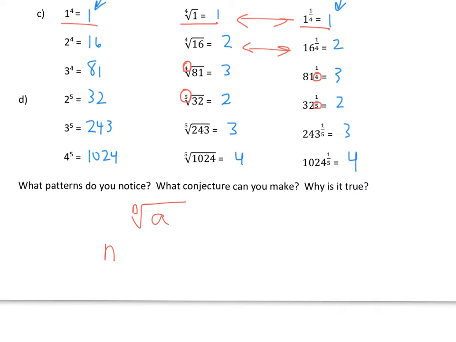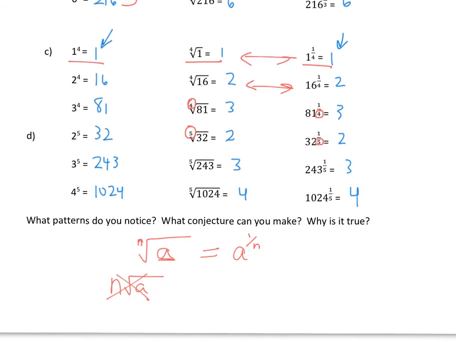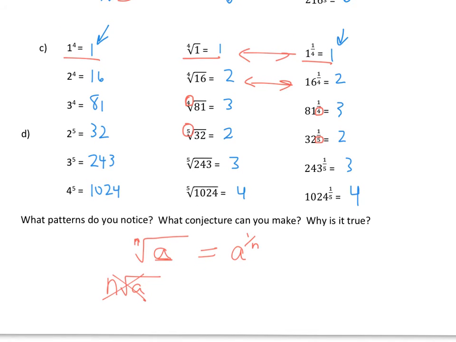That n is up kind of in the air, like an exponent, but in the crook of the root symbol. That's the same thing as that base, that radicand, to the exponent 1 over n. That is what we need to know as our rational exponent rule. So let's put this into play with some examples.